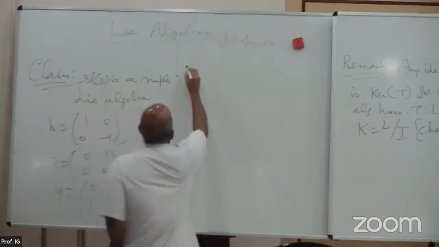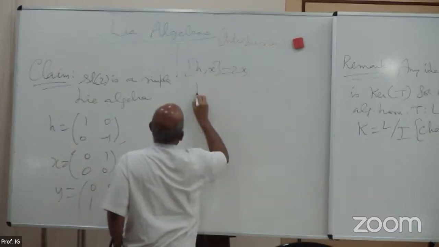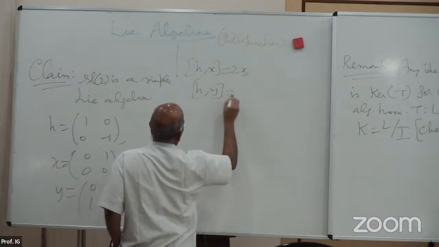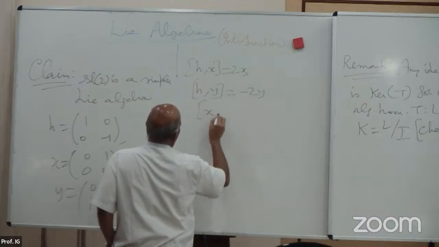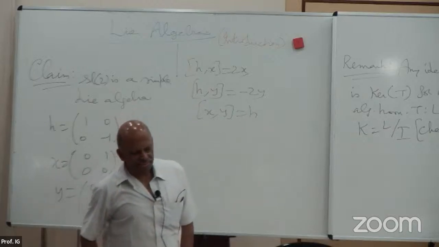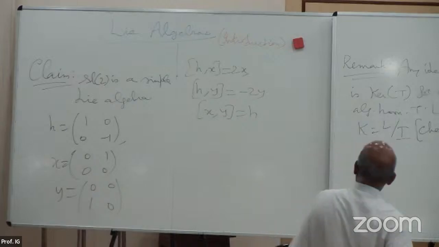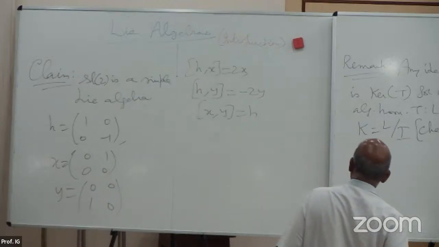And we had done these brackets: [h,x] equal to 2x, [h,y] equal to -2y, [x,y] equal to h. All these calculations we have done yesterday, that is what is going to be used in proving that sl2 is a simple Lie algebra.